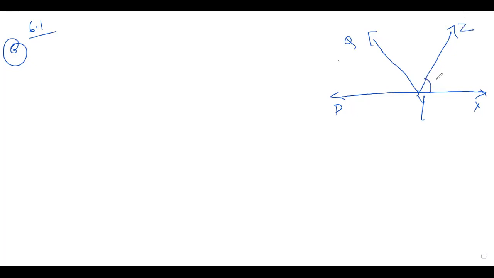Sixth question. Angle PYX, this is Q and Z. Angle ZYX is given, that is 64 degree.